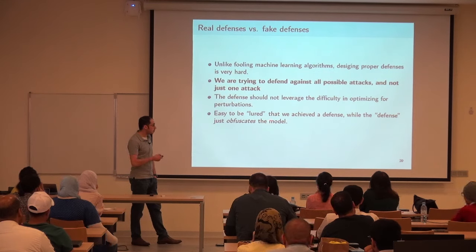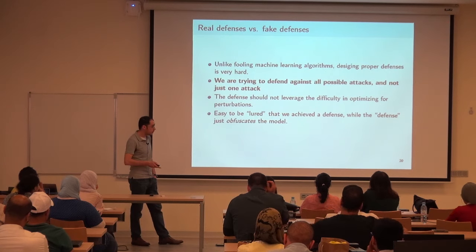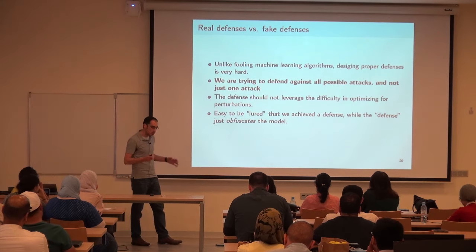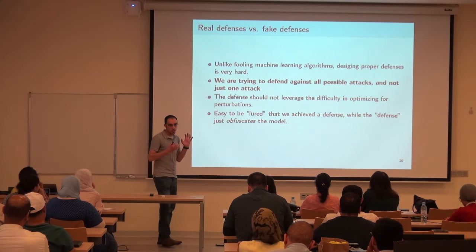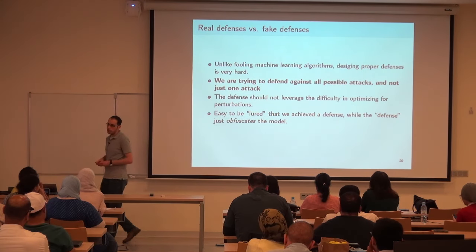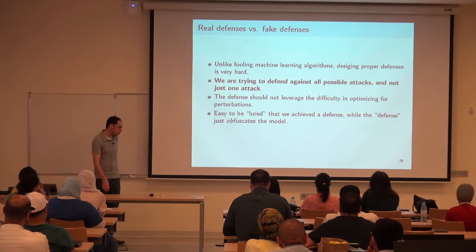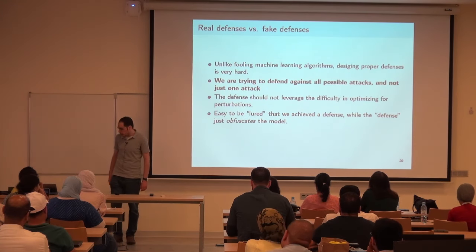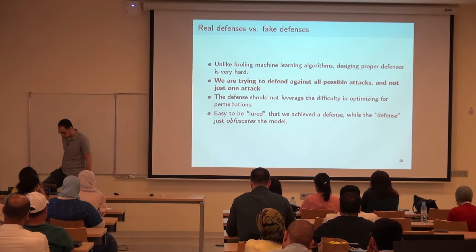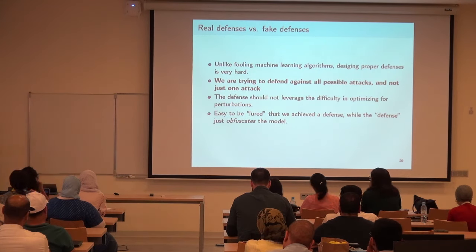So what we say in this community is that such defenses, which I don't even call defenses, that are specific to one attack, they just obfuscate the model. They make it harder to optimize for, but they don't really solve the problem of making your classifier robust to adversarial perturbation. Let me give you an example of one obfuscation.